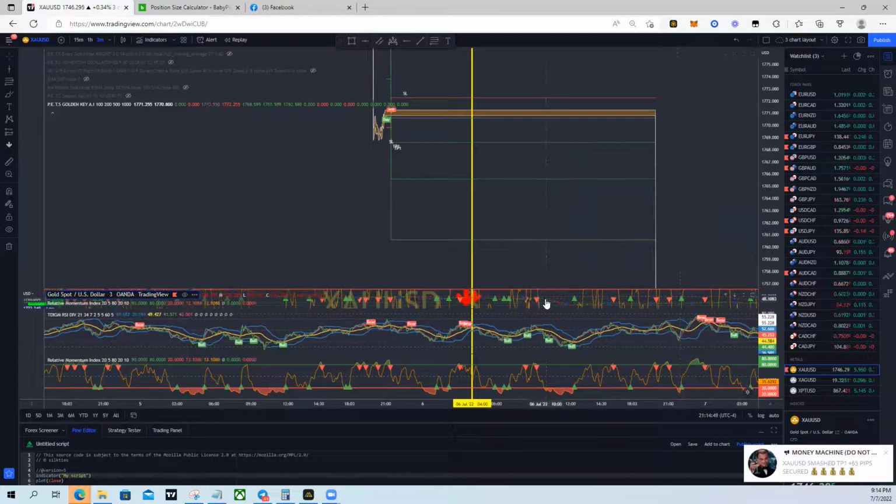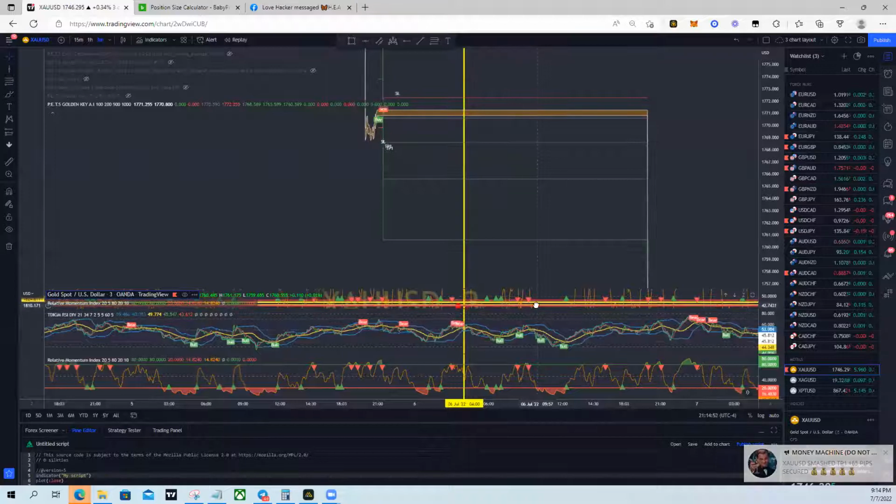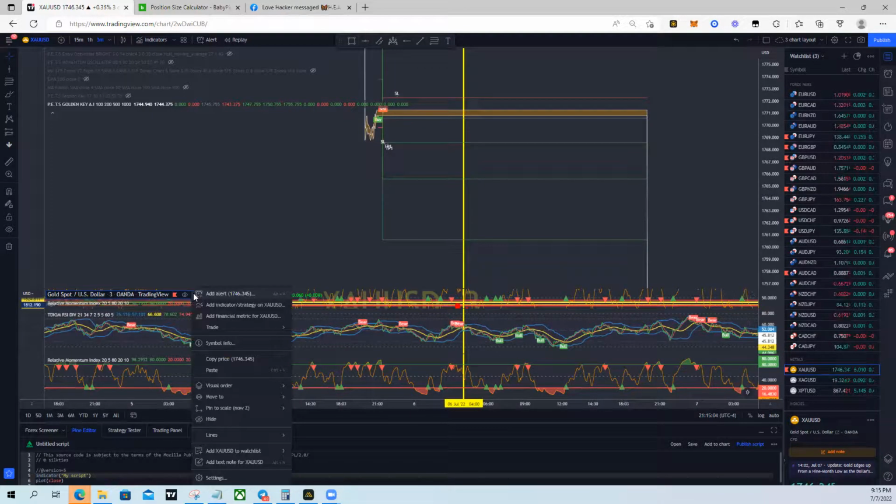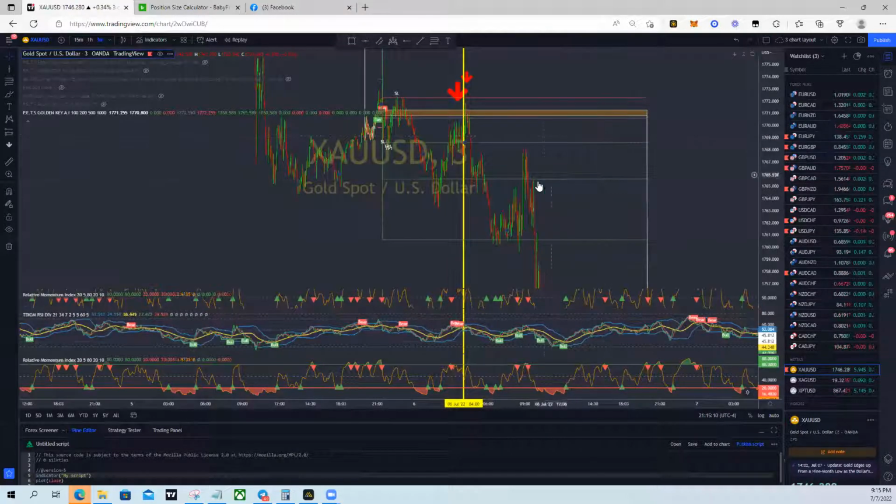You're gonna have to pull it back up again. How though? I know I did it. Right click on where it said gold spot USD. Click the 3 dots and then move to existing pane above. There we go. Thank you, bro. Yeah, man.